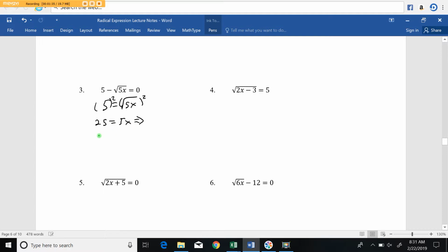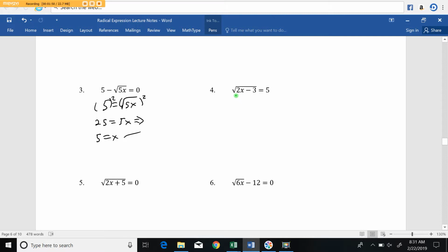We divide both sides by 5, we get 5 equals x. We go ahead and check this in our original here. 5 minus the square root of 25 is 5 minus 5, which is 0. It works. We're good.